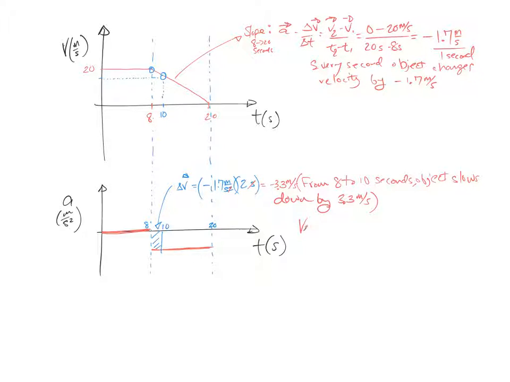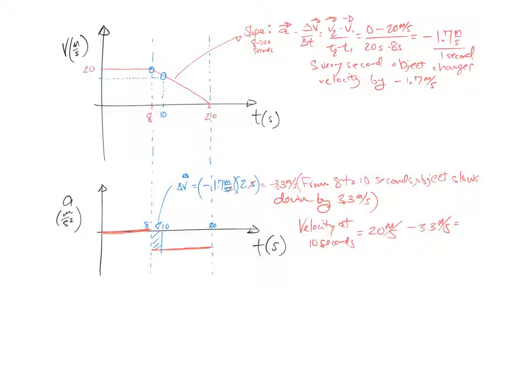So velocity at 10 seconds is going to be my beginning velocity at 8 seconds, which is 20 meters per second, minus the 3.3 meters per second. Okay? So let's see what that is. Should be about 17 meters per second, right?